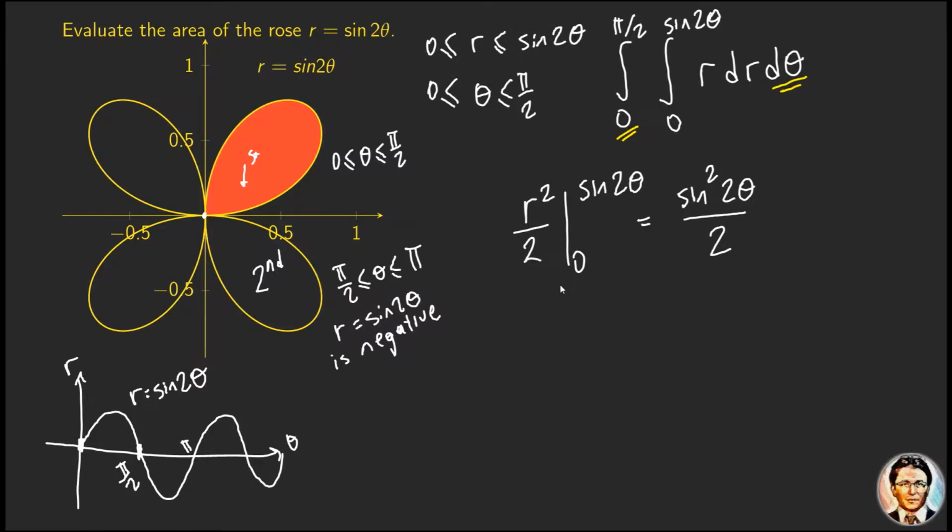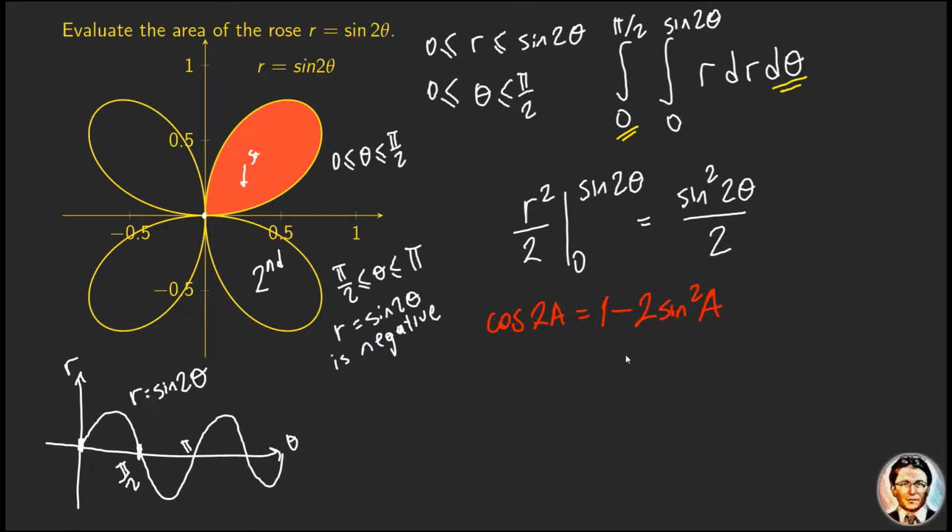For integrals of sine squared or cosine squared, or even powers of sine or cosine, we use power reduction formulas. cos 2a is equal to 1 minus 2 sin² a.